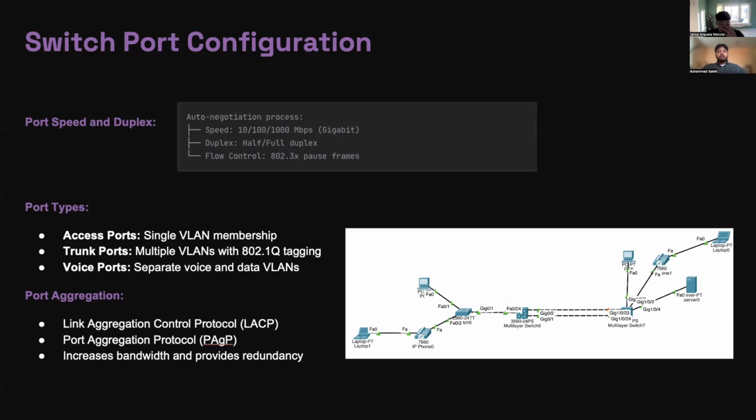So then you get into port aggregation. What port aggregation is, and I'm sure we'll also do a video on this, is when you are connecting a switch to a router or a switch to a switch, and you only have one link, let's say it's a 1 gig link. One, it is only 1 gig, and two, there's no redundancy associated with that.